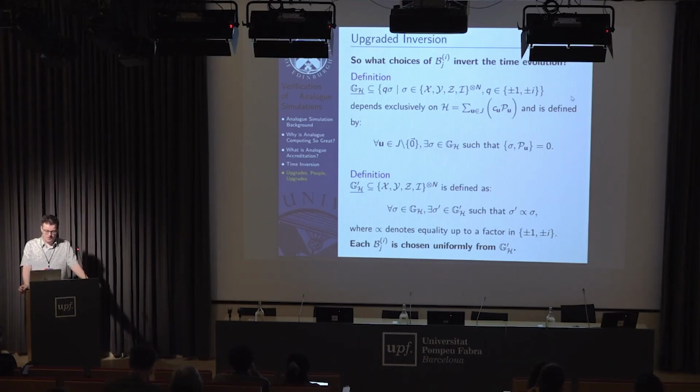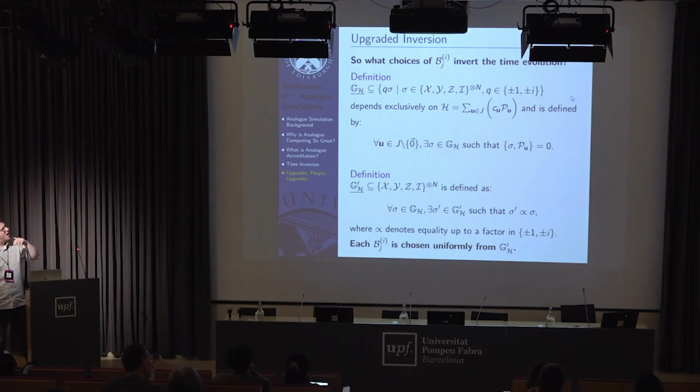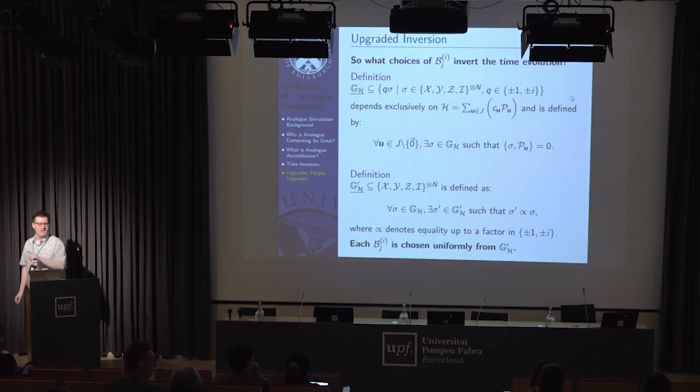What you need to do is you construct this GH set, and what that really means is you take each term in the Hamiltonian and you make sure you have at least one term in this set that anticommutes with it. And then we need to slightly modify it because we can, again, so if you were to use the G gates as this G dash gate, that would be perfectly fine.